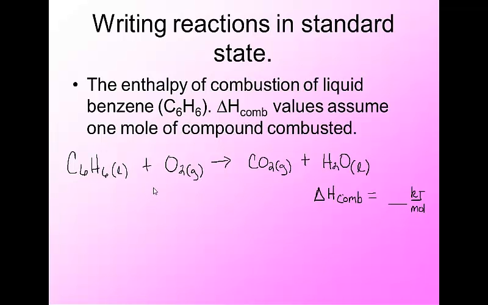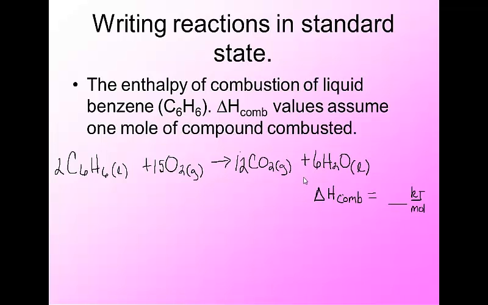Okay, so first thing you got to realize is my chemical reaction is not balanced, so I have to balance it. If I were to balance it appropriately, I'd probably balance it like that and think that was fine if I was just doing my balancing.